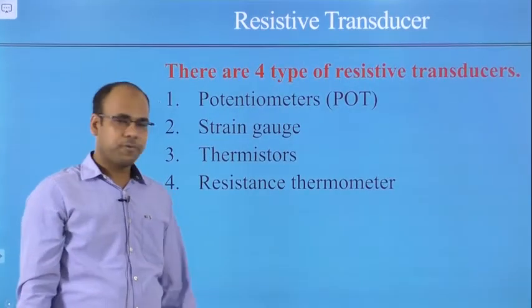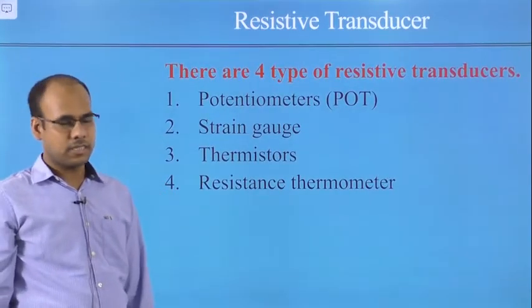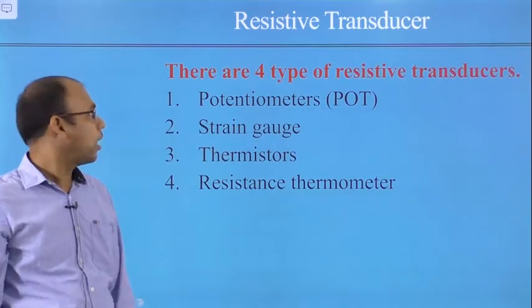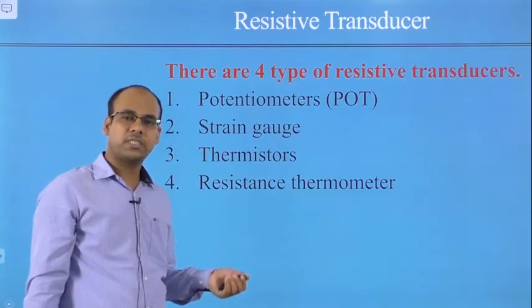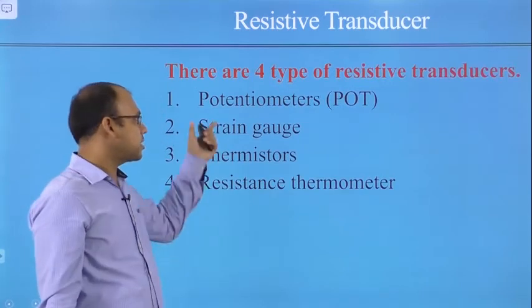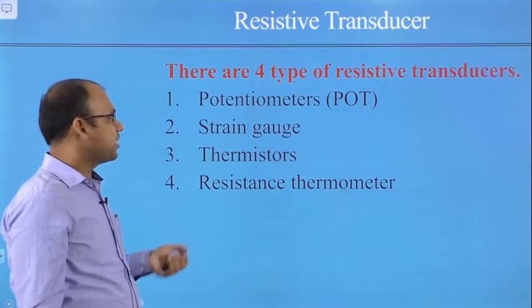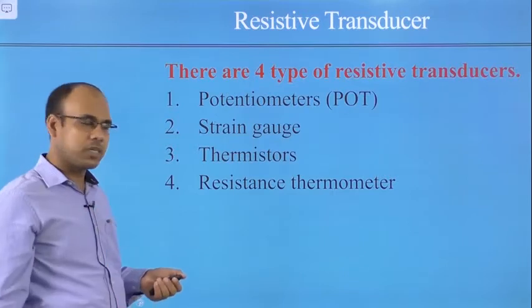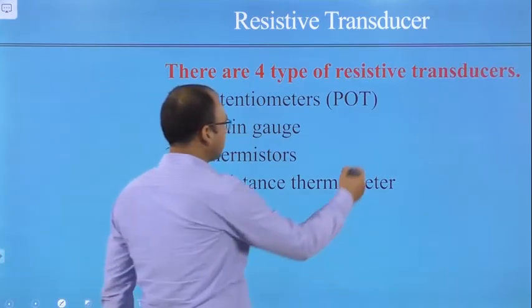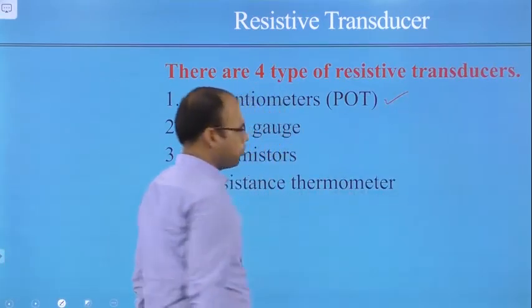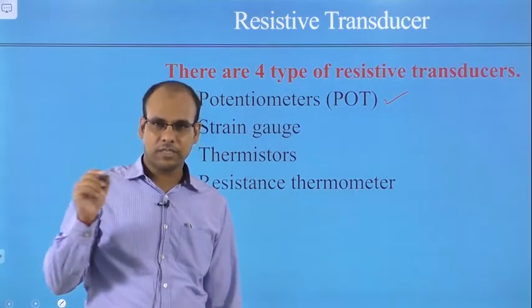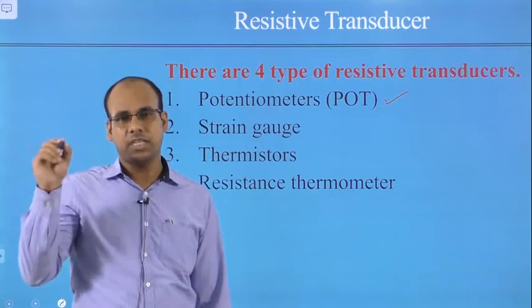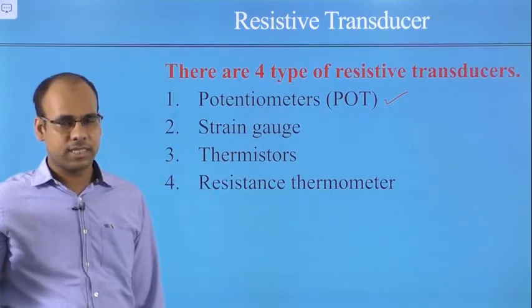Before talking about strain gauges, I am talking about resistive transducers, and as I mentioned, due to change in resistance we have different types of resistive transducers, the first being the potentiometer. In the potentiometer we change the potential difference, because we are dividing the potential at a particular distance.